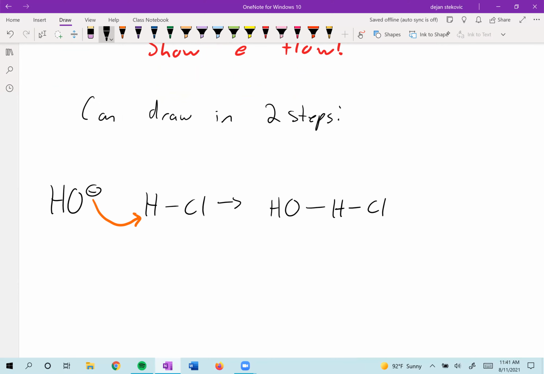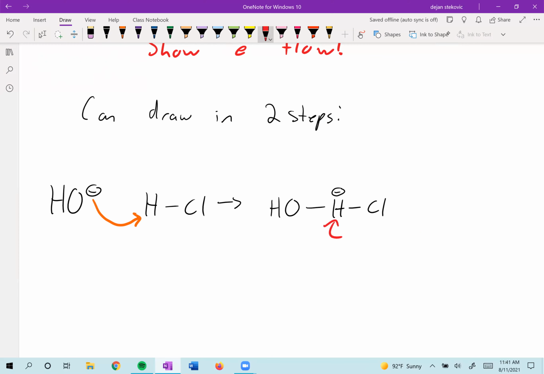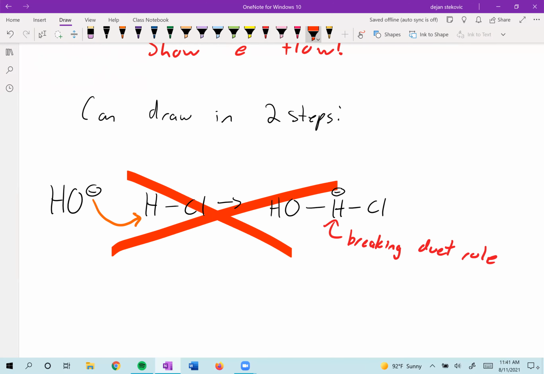The hydroxide has lost electrons, so it's become neutral. This hydrogen has now gained electrons, so it's negative, and then the chlorine has stayed the same. If you look at this product right here, we've got an issue, and it's this hydrogen. Remember, hydrogen can only have 2 electrons or 1 bond. So what we're doing here is breaking the duet rule. Same as the octet rule, except hydrogen is special. It only has 2 electrons. So we can't do this, so this mechanism is incorrect.